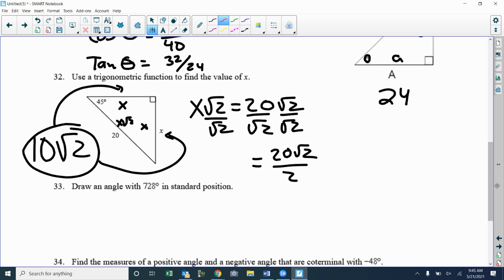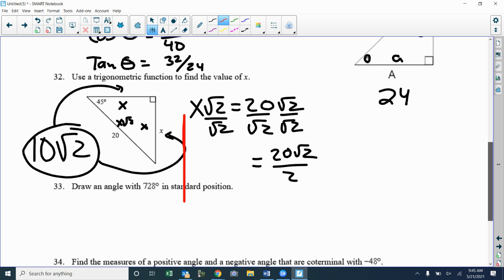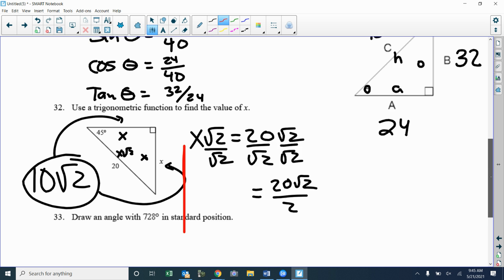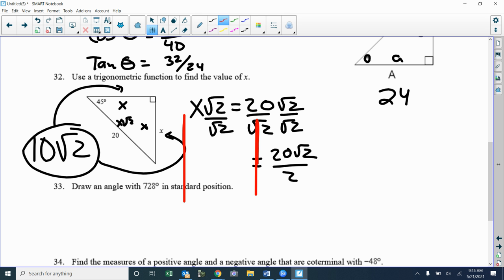Drawing an angle in standard position. Of course, we'll draw a, ooh, there we go. Having fun now. Come on now.